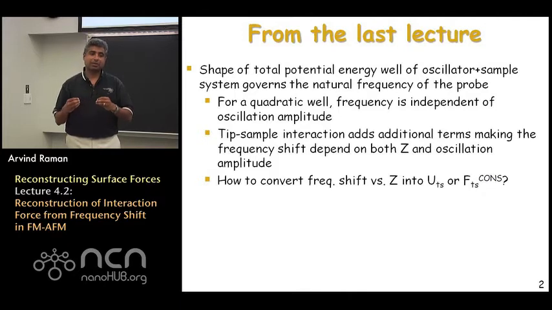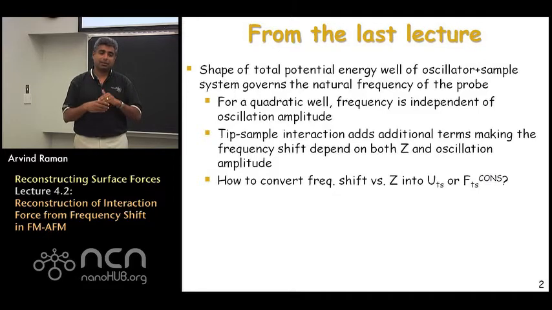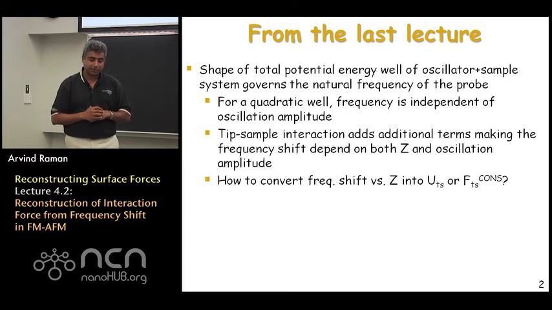Smaller oscillation amplitudes will tend to show larger negative frequency shift before turning positive, but larger amplitudes will tend to diminish or cause not so much of a negative frequency shift. In fact, you'll go to positive frequency shifts very fast.